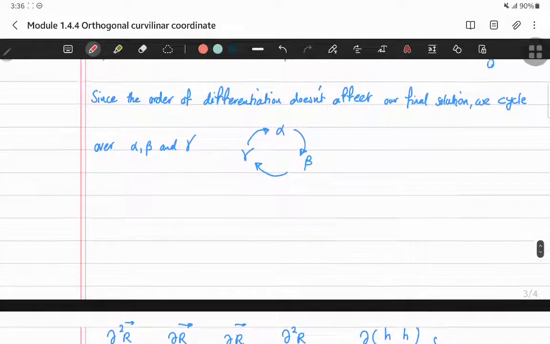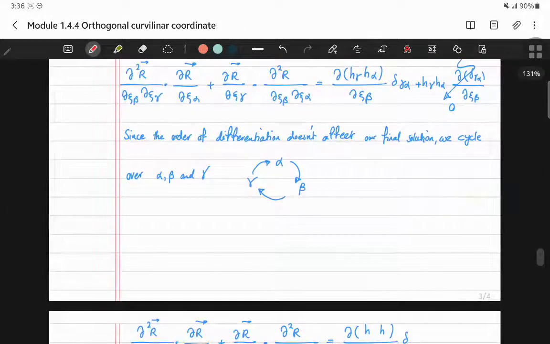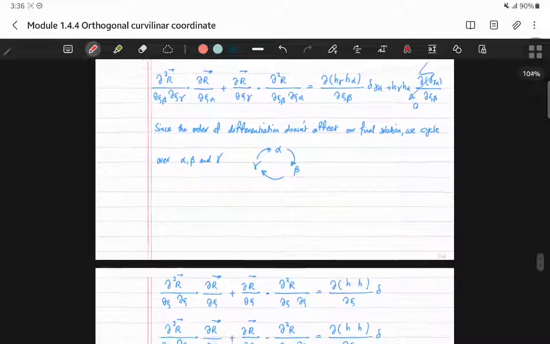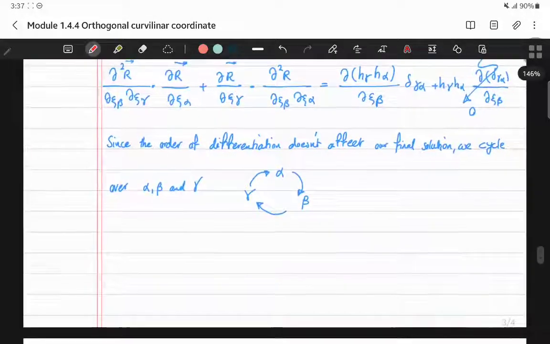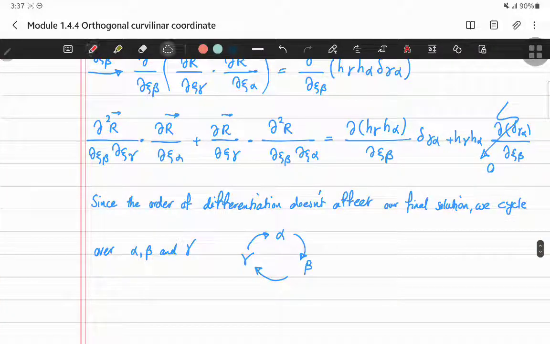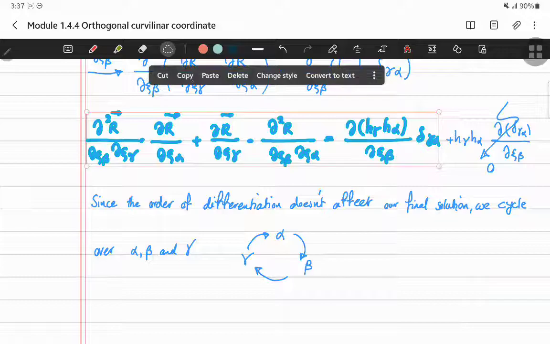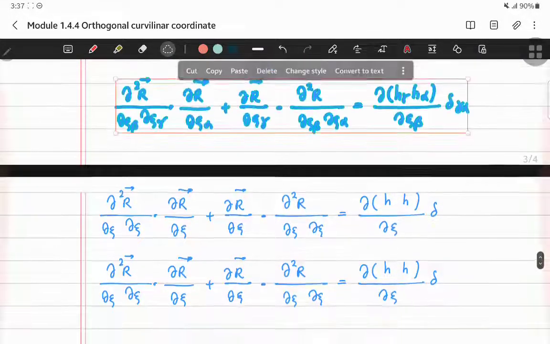I can zoom out. Okay, I have here beta. Copy, paste this in here.